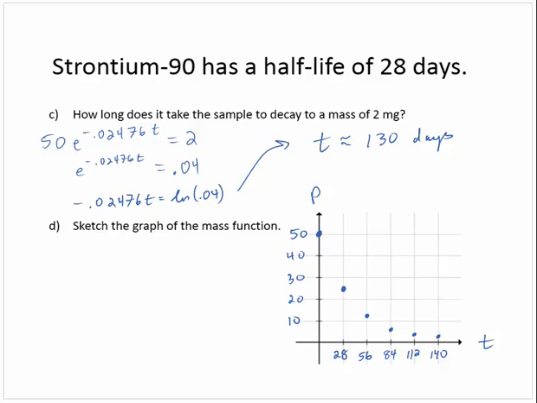Now I won't let it continue to the left because we don't usually talk about negative time in this context, and I'll just draw this exponential curve to the right. I will show the asymptotic feature, that as time progresses, this value, in this case the amount of the strontium-90 remaining, gets closer and closer and approaches 0, but never actually reaches 0.